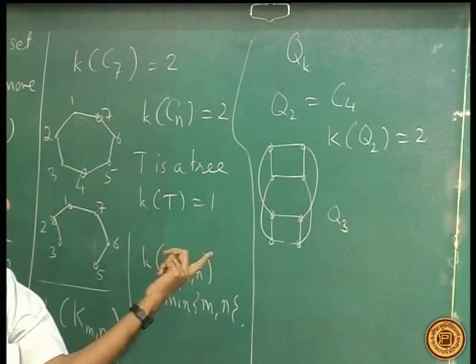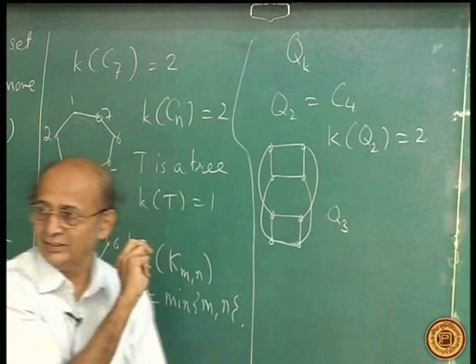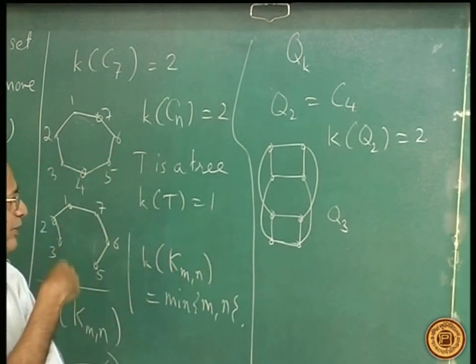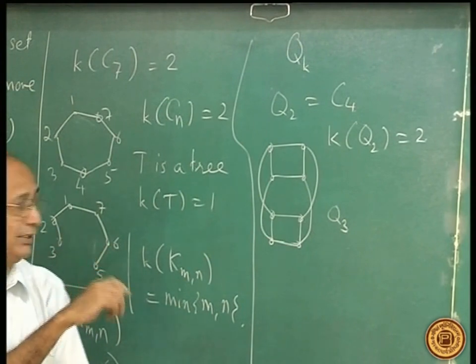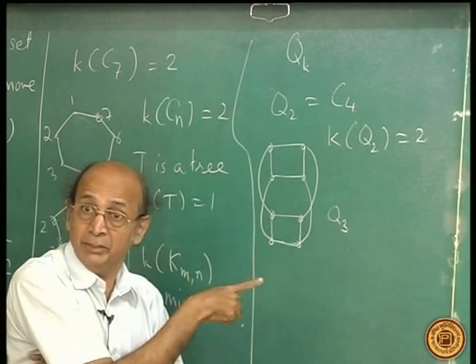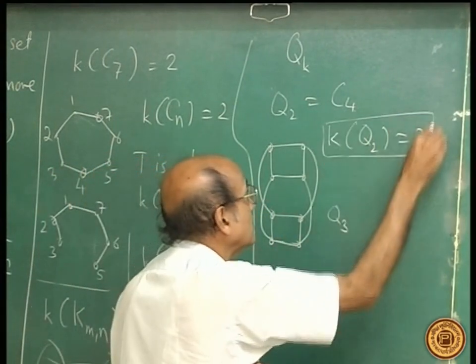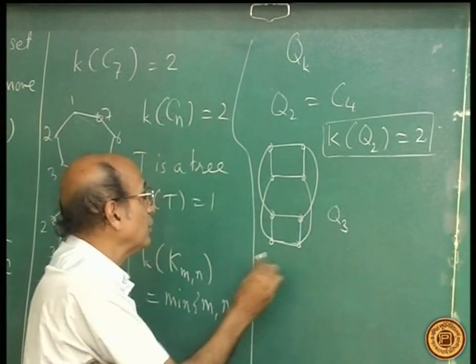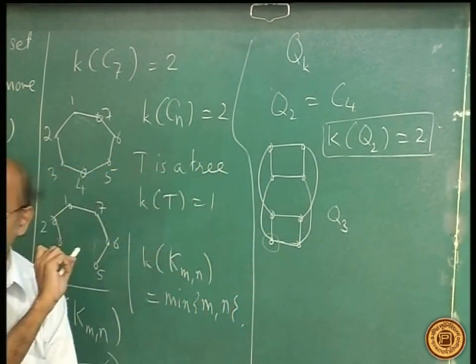So in one part you will not be removing 2 vertices, but will be removing either no vertex or 1 vertex. Then the remaining portion will remain connected, because k of Q2 is equal to 2. So in that part, suppose I remove this vertex, the remaining portion still remains connected.